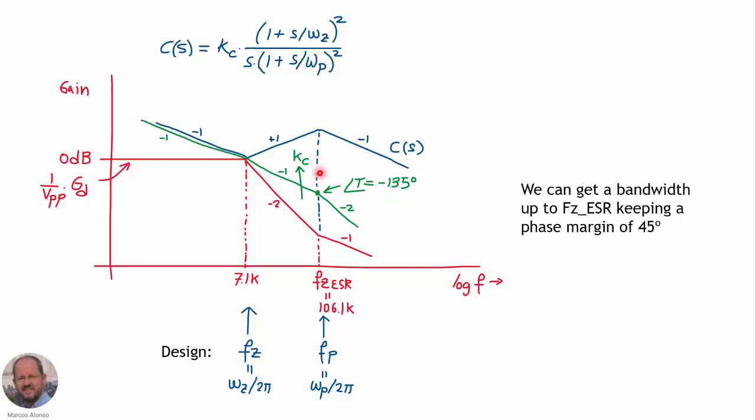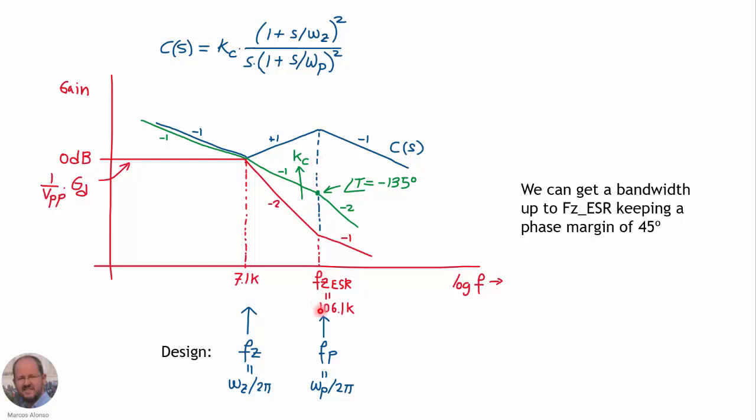So with this design we can get a bandwidth equal to the frequency of the ESR zero, which is 106 kHz in this design, and at this point keep a phase margin of 45 degrees, so the system would be stable.